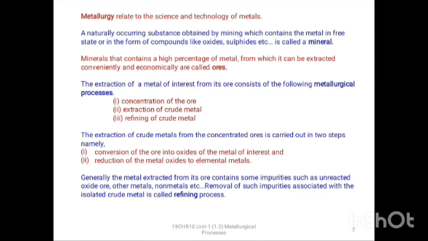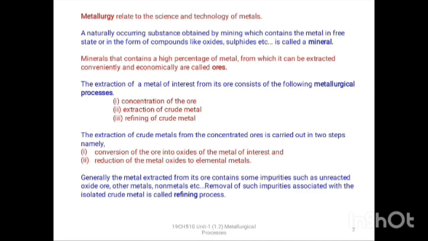The extraction of the metal of interest from its ore consists of three main classifications of metallurgical processes. The first step is concentration of the ore, the second step is extraction of crude metal from the concentrated ore, and the third step is refining of the crude metal to get it in a pure form.